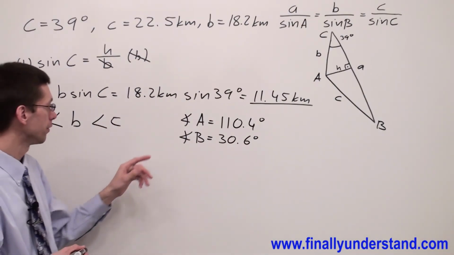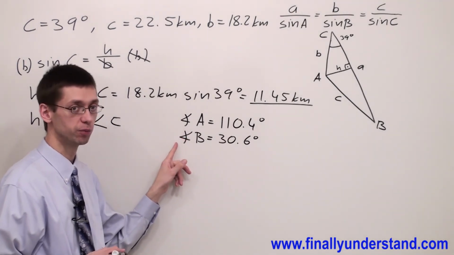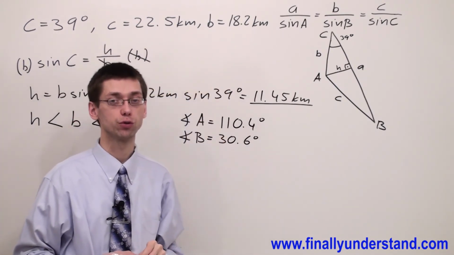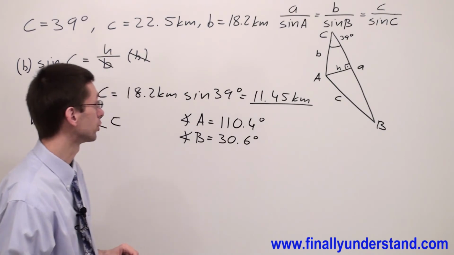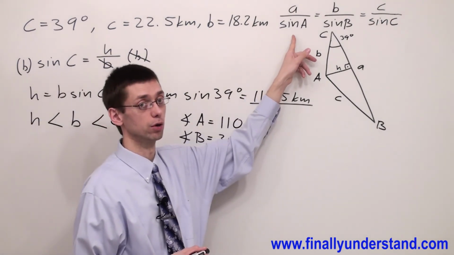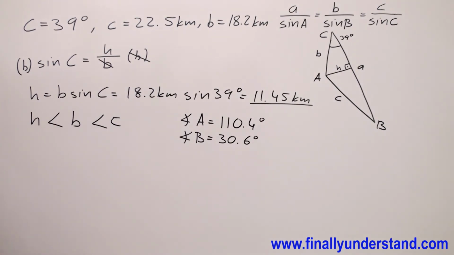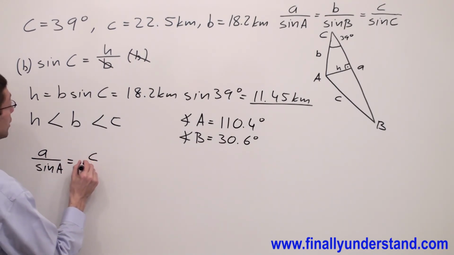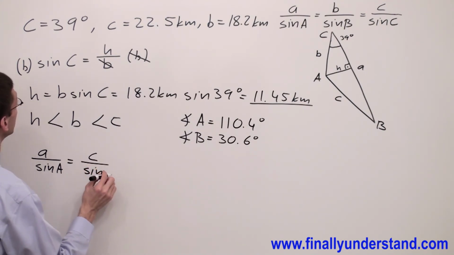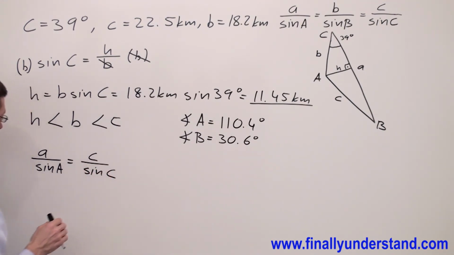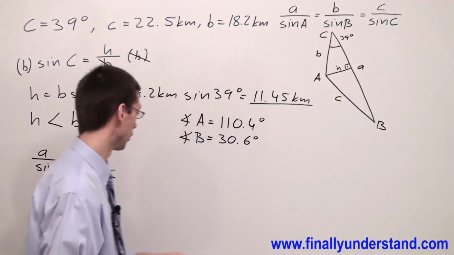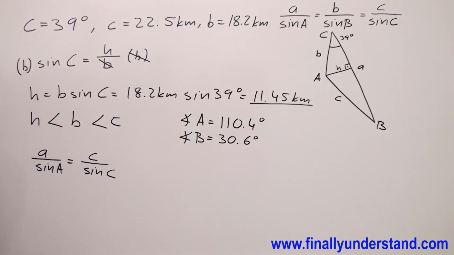Let's continue. We've found so far angle A and angle B. We have given side C and side B. We're supposed to find side A. In order to find side A, I'm going to use the law of sines. So I write A over sine of A equals C over sine of C. Someone is going to ask, why do you use just these two fractions or ratios?